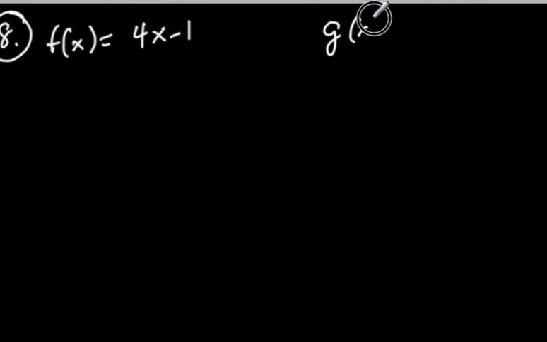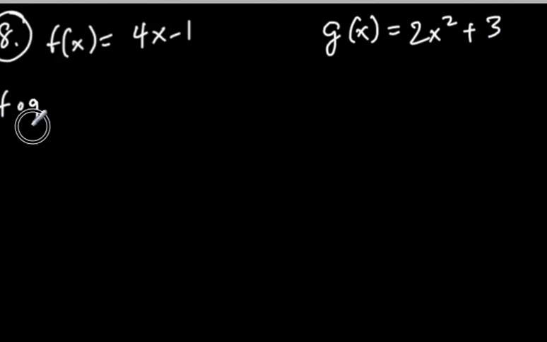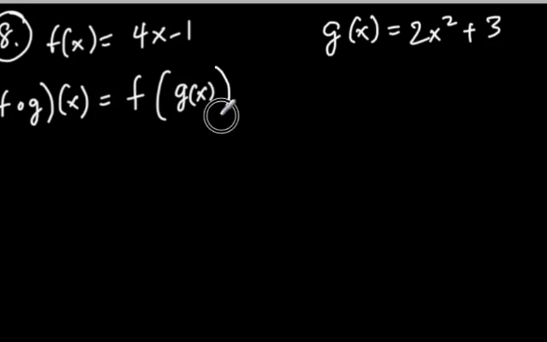Number 8. Okay, so f of x is equal to 4x minus 1, and g of x is equal to 2x squared plus 3. So f of g of x is equal to f of 2x squared plus 3.